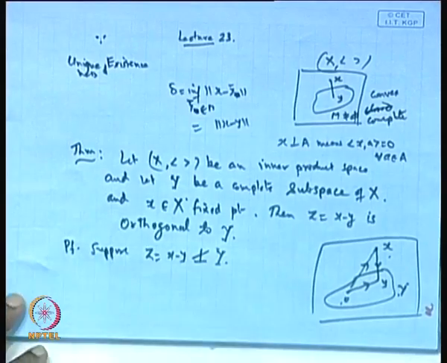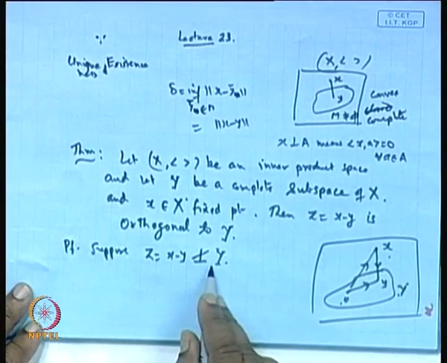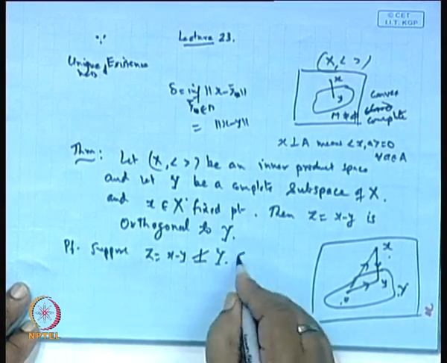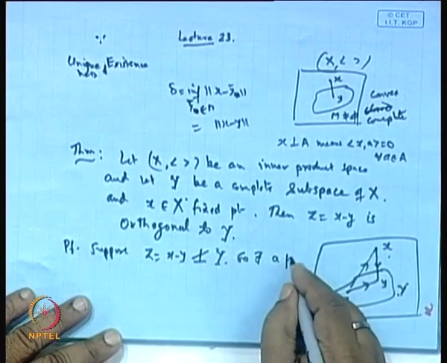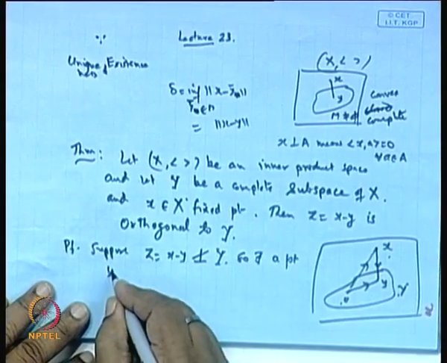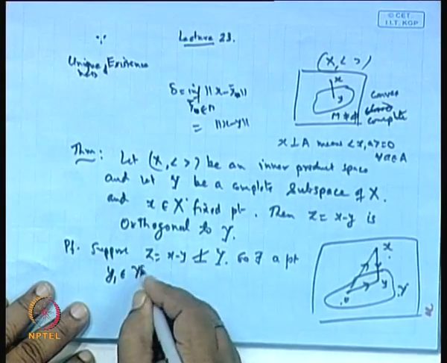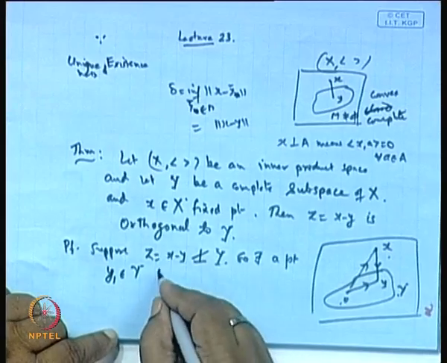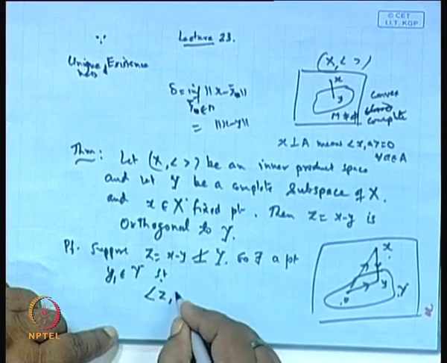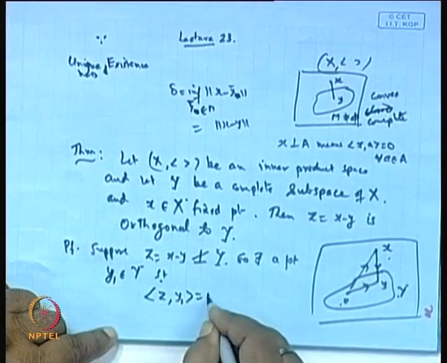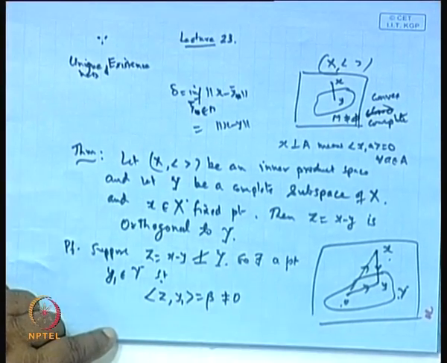So, let us suppose Z is not orthogonal to Y. So, there exists a point, say y1, belonging to capital Y such that the inner product of Z and y1, which is say beta, is not equal to 0.